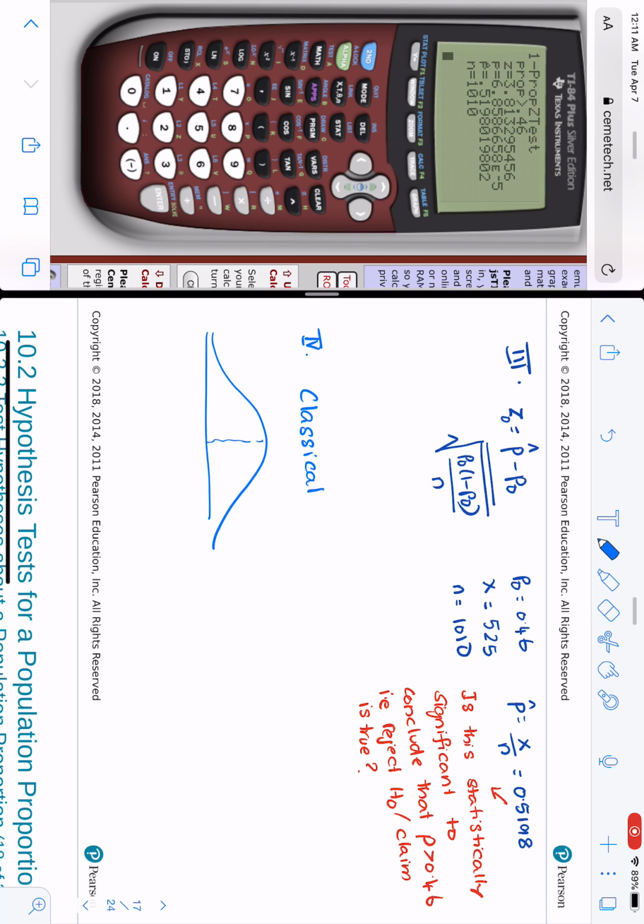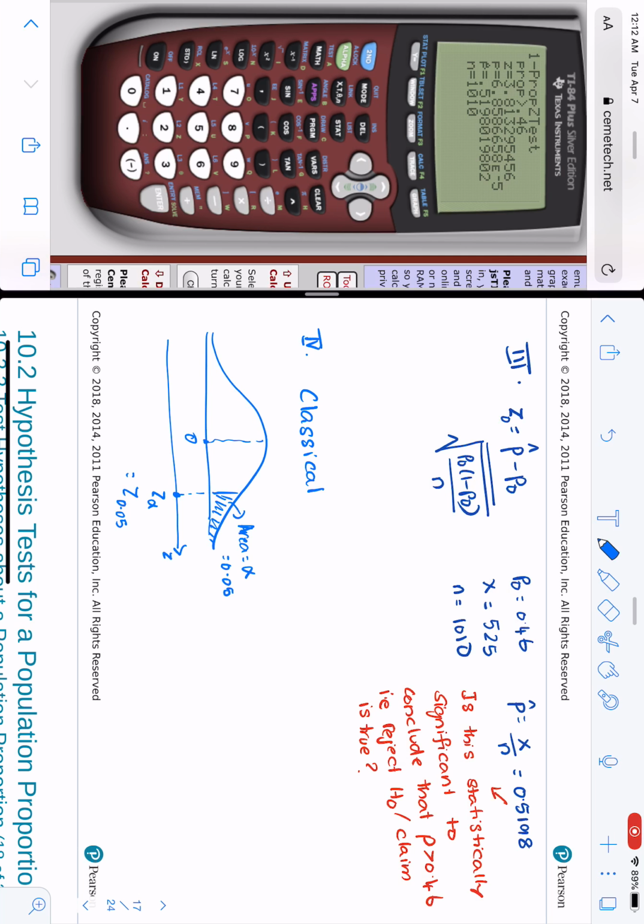The rejection region is only on the right hand side. And alpha is 0.05. So I'm going to plug in 0.05. And that area is equal to alpha, so we have 0.05.